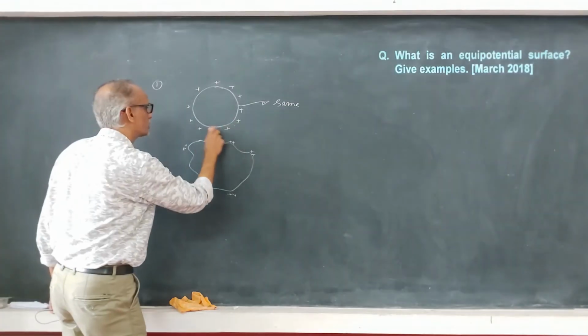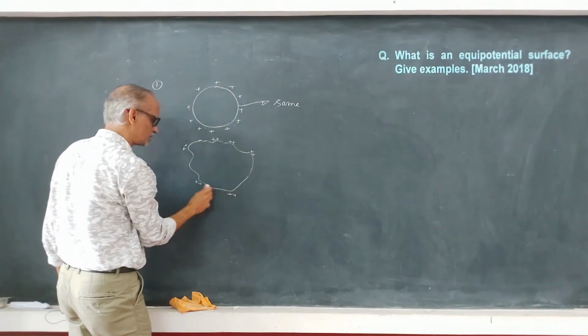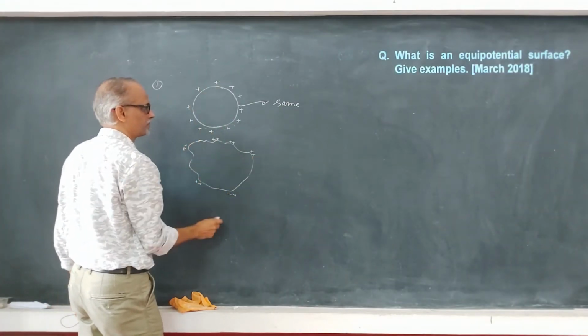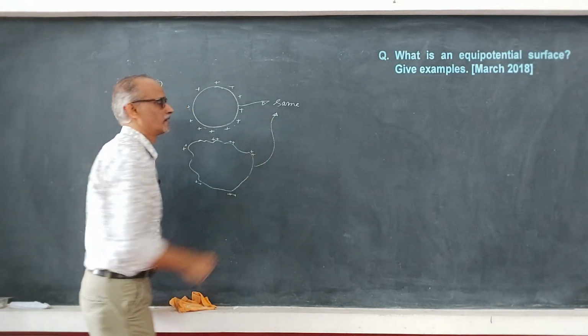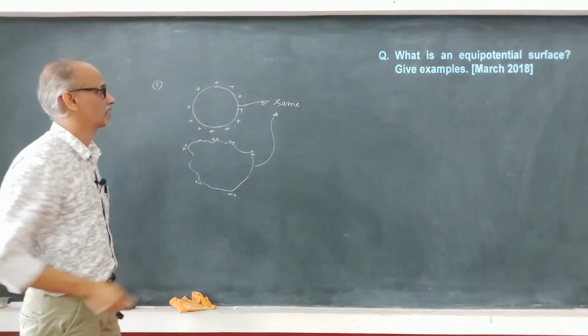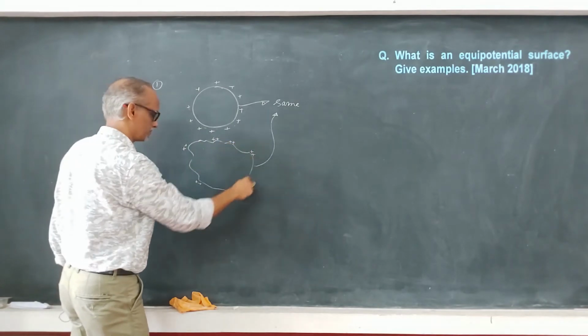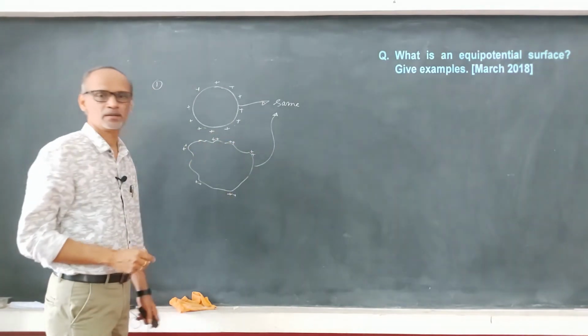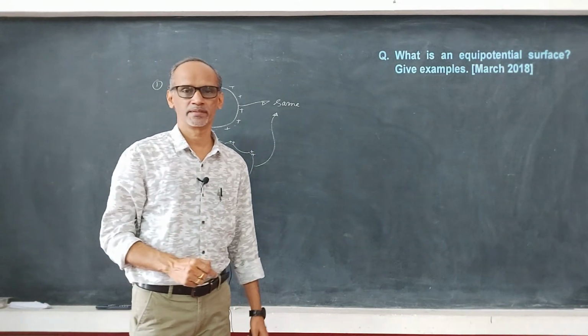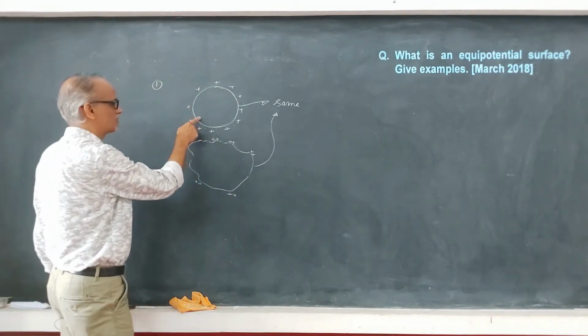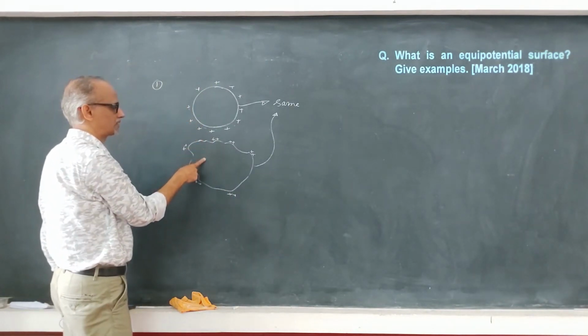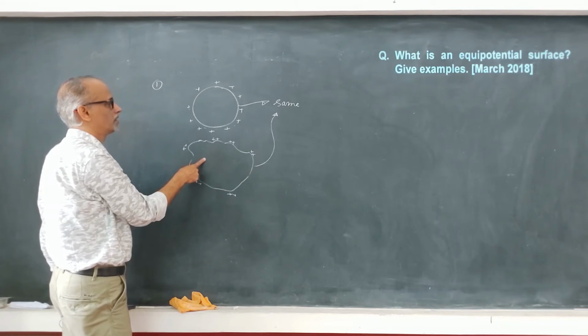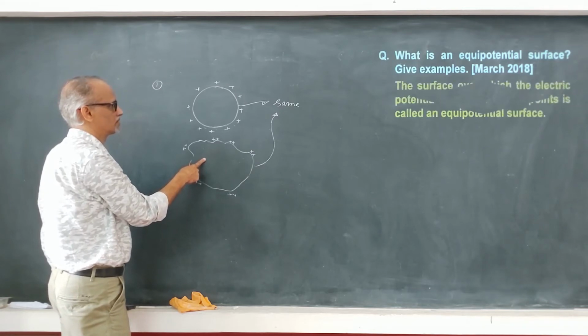It is the same at each and every point. Even here also it is the same at each and every point. And such surface where the potential is equal is called equipotential surface. So, a charged sphere or a charged conductor of any shape is an example for equipotential surface.